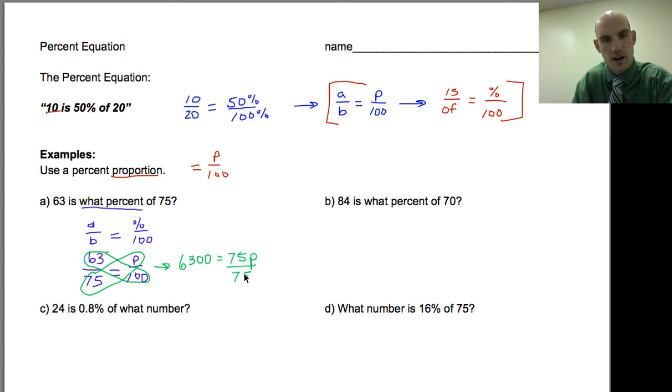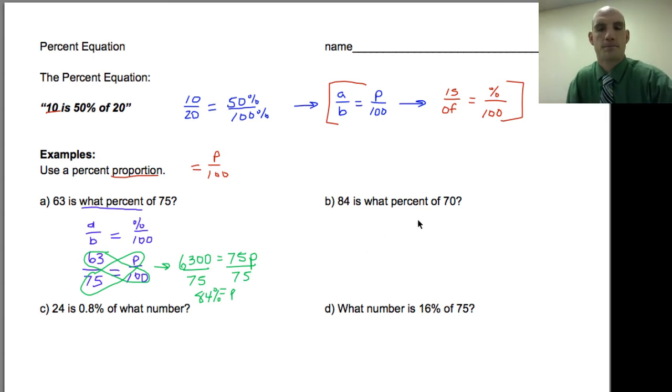I'll divide by 75. Divide by 75. And I get that p is equal to, let me get a little calculator action, 84%. Okay, so 63 is 84% of 75.